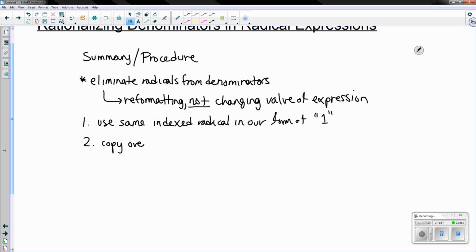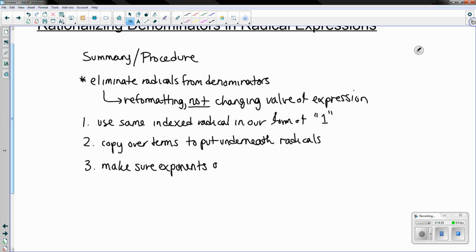So copy over the terms to put underneath the radicals. And then we can only manipulate the exponents in our form of 1, and we want to make sure the exponents add to a multiple of the index.